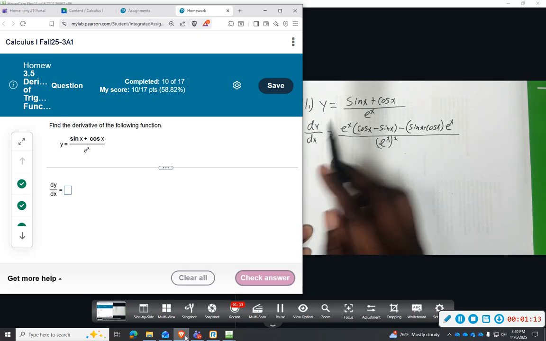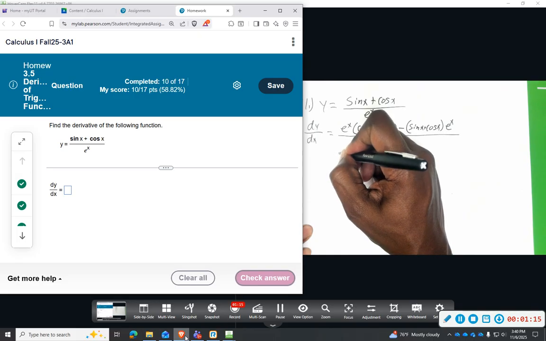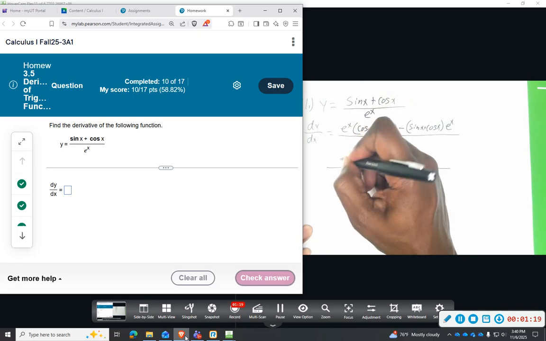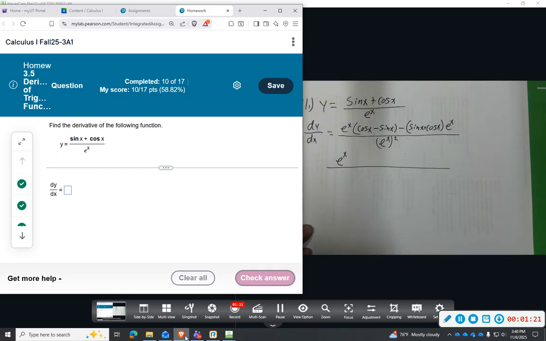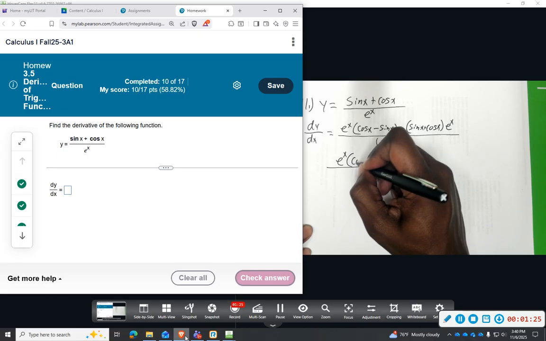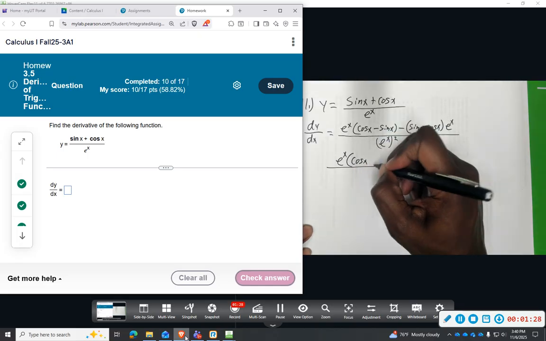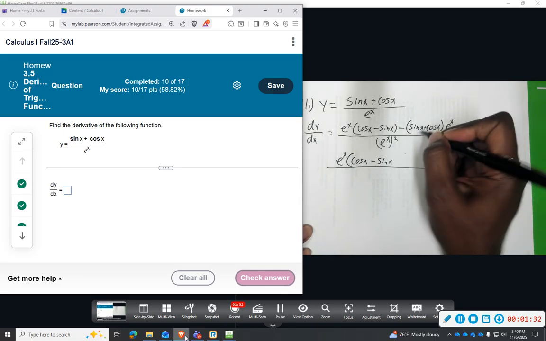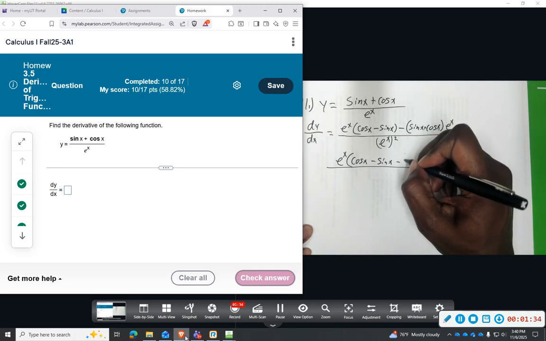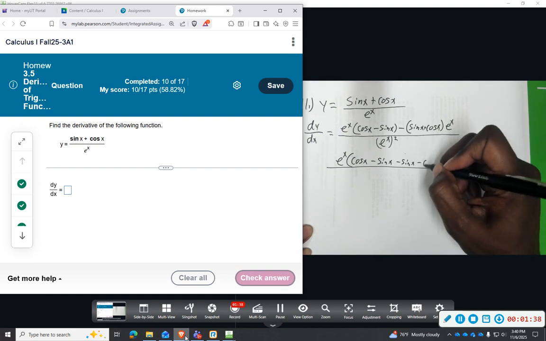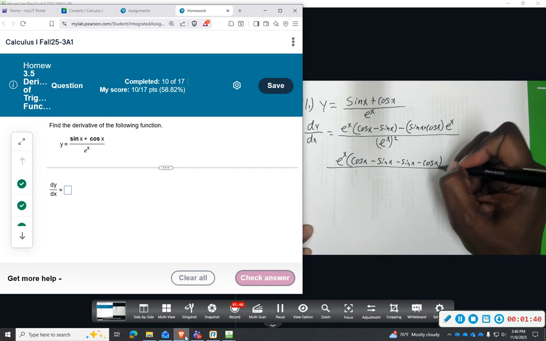And you can factor out this e to the x on the top. They both are multiplied by e to the x. And then that will give me cosine x minus sine x, and if you distribute this negative through, it'll be a minus sine x minus cosine x.